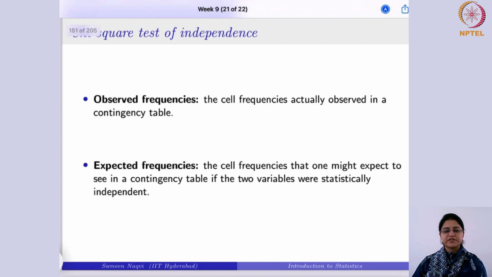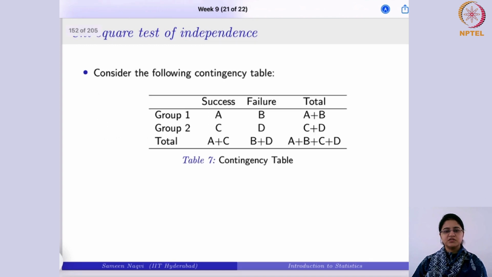The other term is expected frequency. These are the cell frequencies that one might expect to see in the contingency table if the two variables were in fact independent.